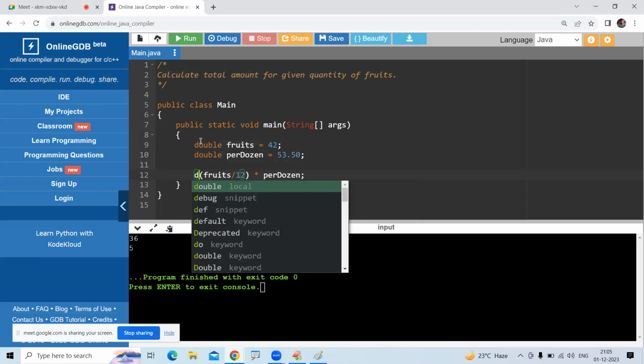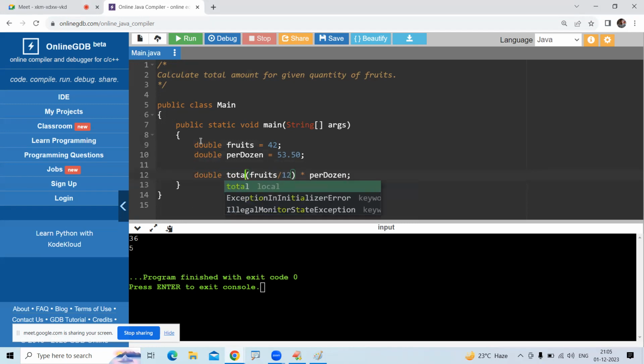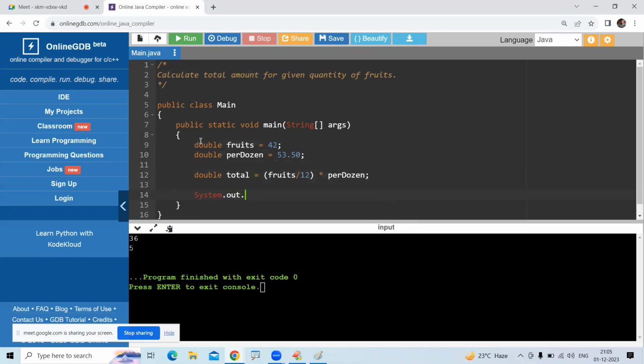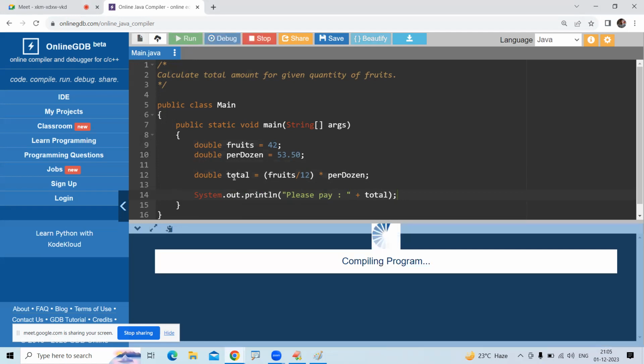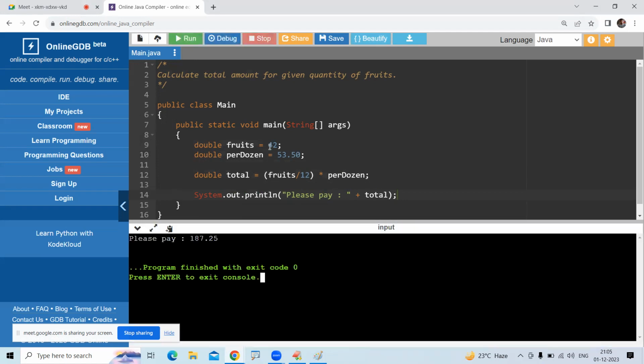That is the total cost, total amount, and we are printing. We are printing system.out.println. Please pay. The amount is what? Total amount. When you run the code, here 42 means around 3.5 dozens. Each dozen 53.5 rupees, for 3.5 dozens is 187.25 paisa. So this is the way we are calculating.